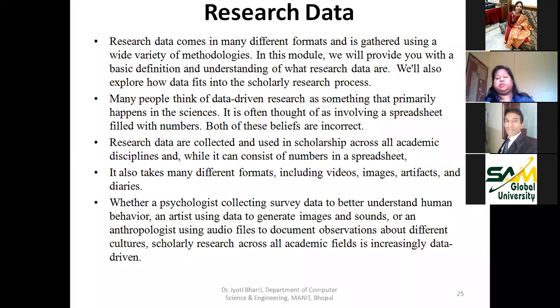A simple data you can collect directly by a simple camera or any other simple device. But research data generally comes in many different formats and is used for a wide variety of methodologies. It is generally collected via a specific agency, say MIT University.